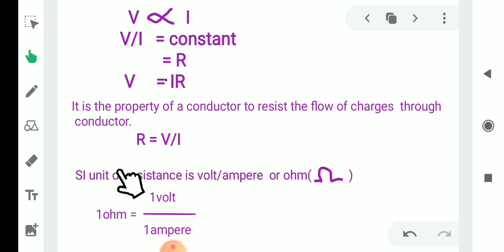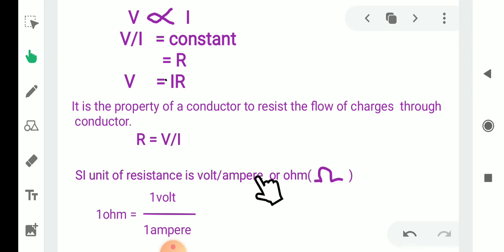Therefore the SI unit of resistance is volt per ampere, or ohm, because to honor the scientist, this unit is given as ohm. The symbol of ohm you can see here, which is read as omega.